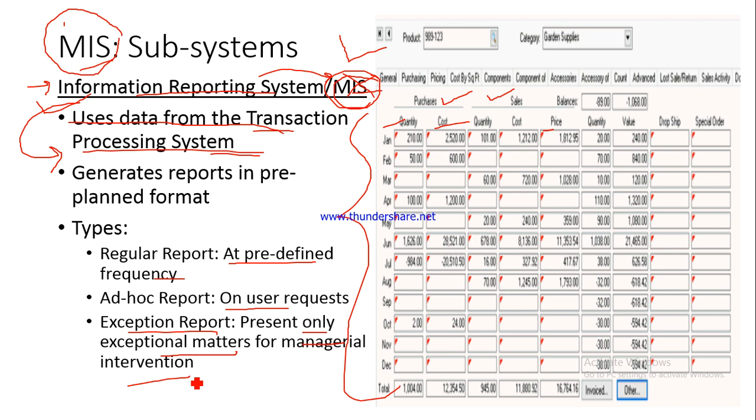For example, nowadays many a time the banks have their own fraud detection mechanism.